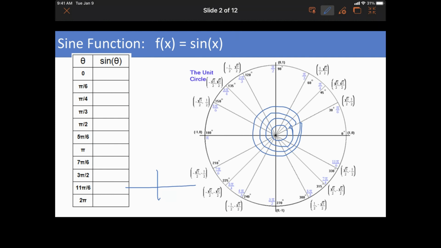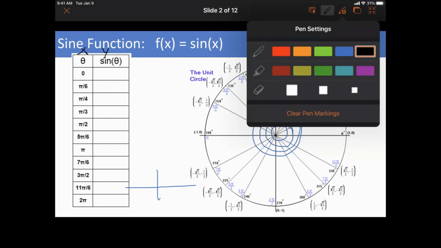All right, so we're just going to do the sine, and I'm taking certain angles. So this is our x and our y. Our x, our input, is going to be the angle. Our output is actually the ratio.